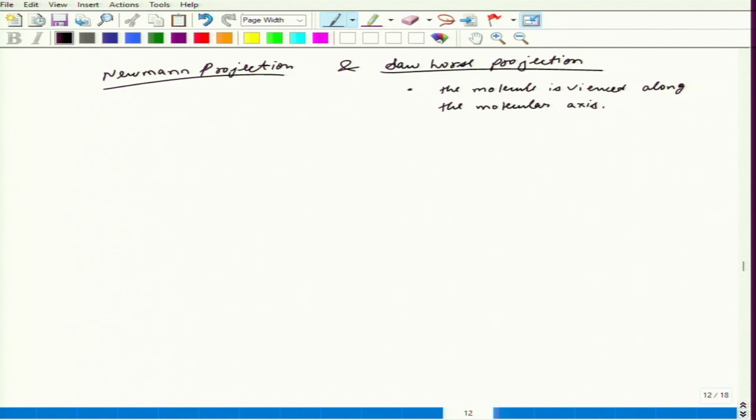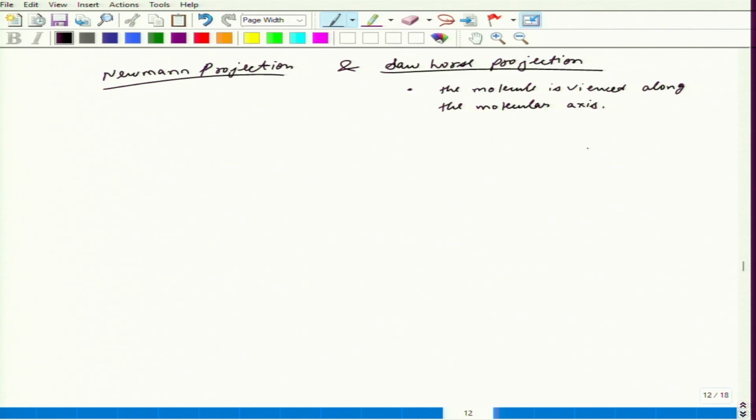Although these two projections look different in the picture, the ethane molecule is the same ethane molecule. The projection differs in how, or from which angle, we are seeing the molecule. So, in the Sawhorse projection we see the molecule along the internuclear axis, along the molecular axis.